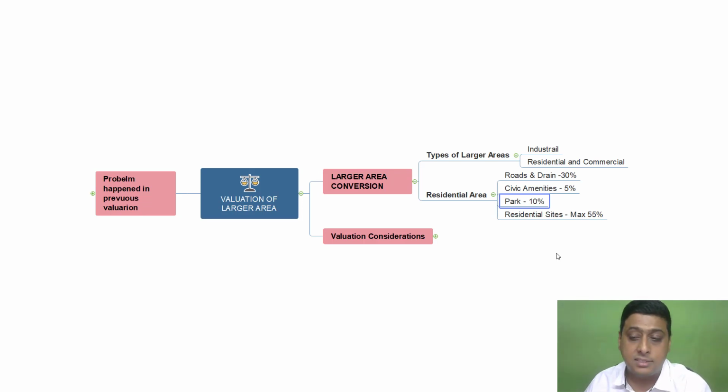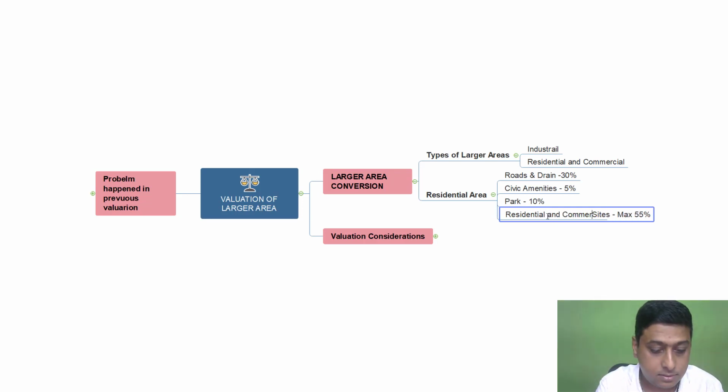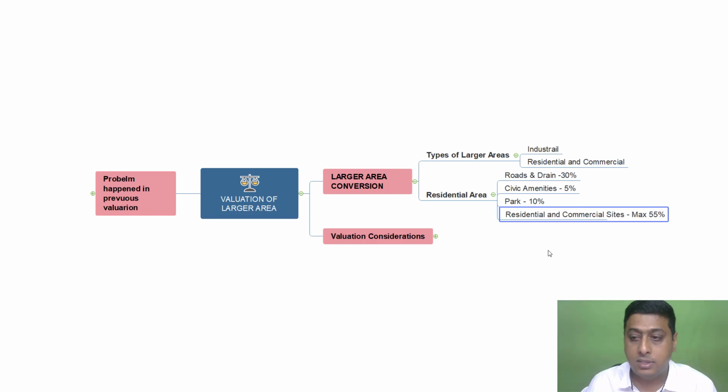that is, to develop different natural activities like a walking path for the layout people, or a small children's play area, where a lot of trees are grown, all those things. So 10% of the area is left for the park, and the residential sites get a maximum of 55%, that is 50 to 55% of the total area, used for residential and commercial sites.